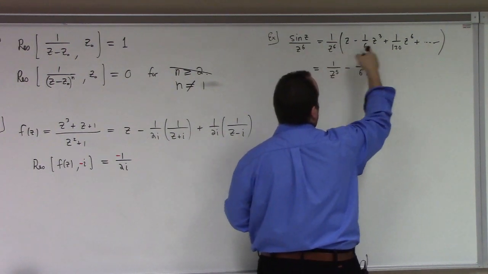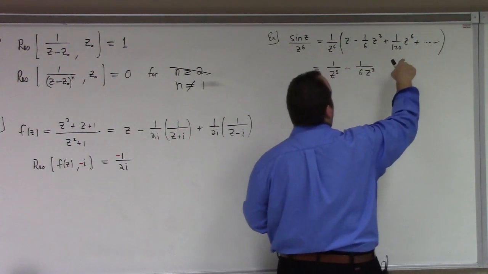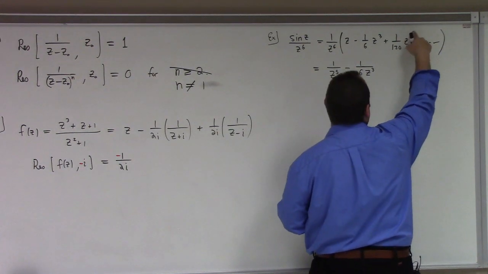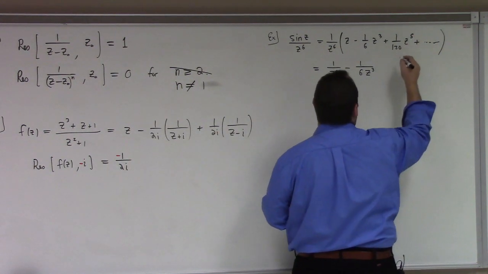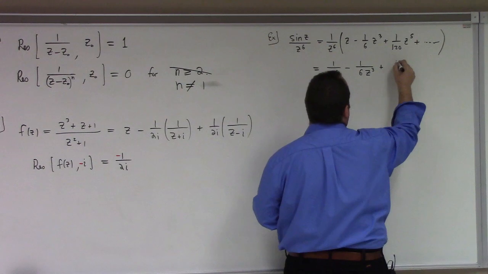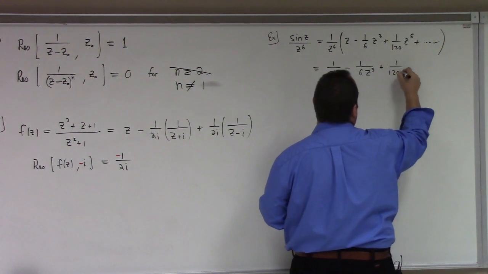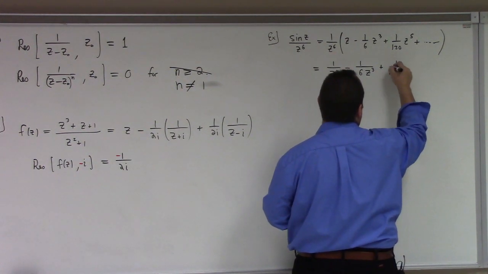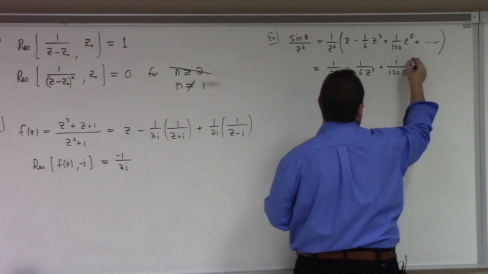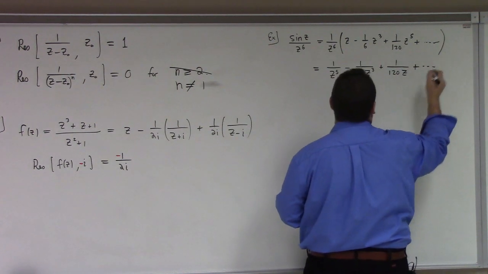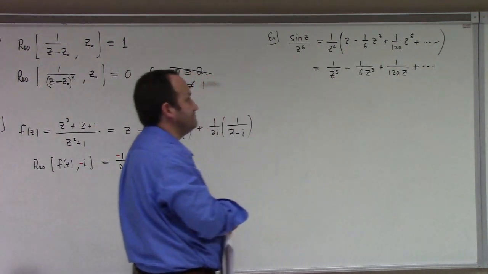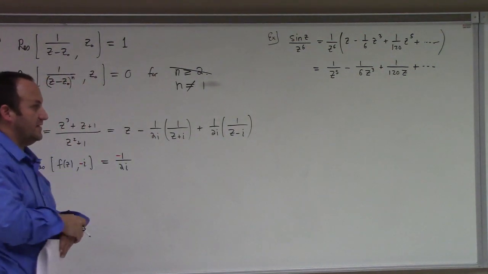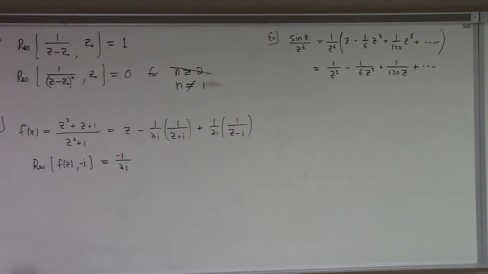And then, oh, I'm an idiot. Yeah, that should be z to the 5th in the power series expansion of sine. Thank you. So plus 1 over 120 z, because z to the 6th dividing into z to the 5th gives me 1 over z. All right. In fact, that's already the principal part of the Laurent expansion at 0, right?